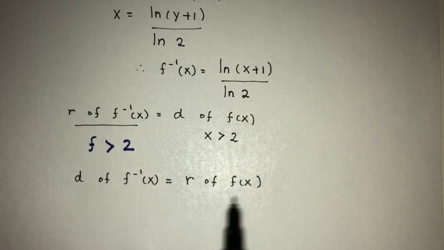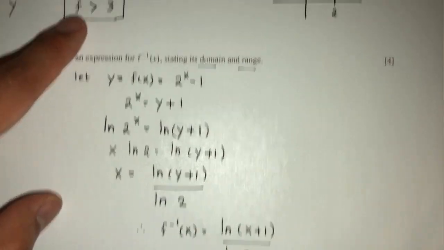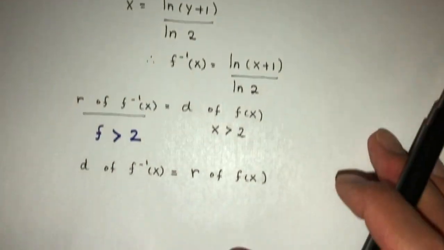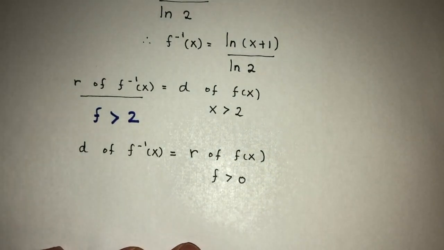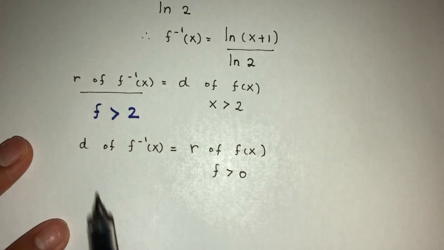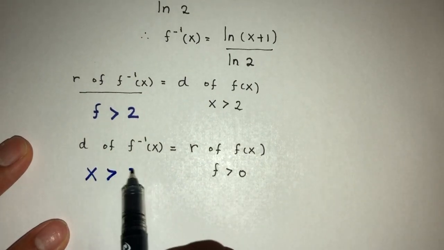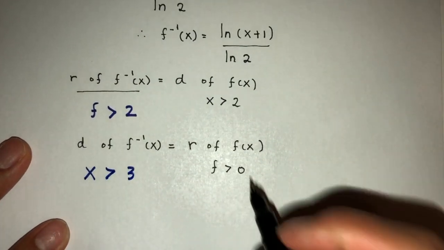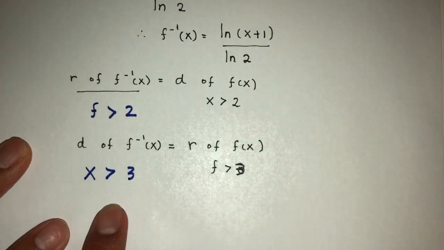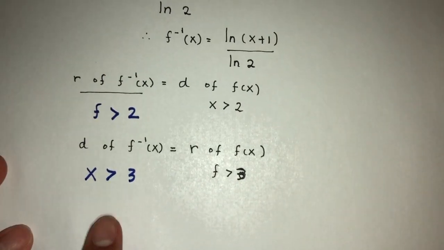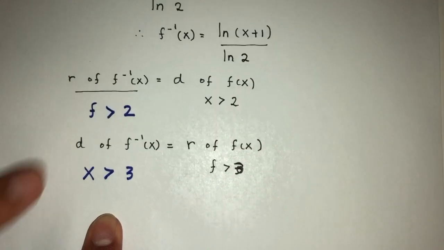As we have seen before, the range of f of x was f is more than 3. Because it is a domain here, we have to write x is more than 3. Not 0, sorry. I said 3, why did I write 0? No idea. But that should be the corresponding values for the range and domain.